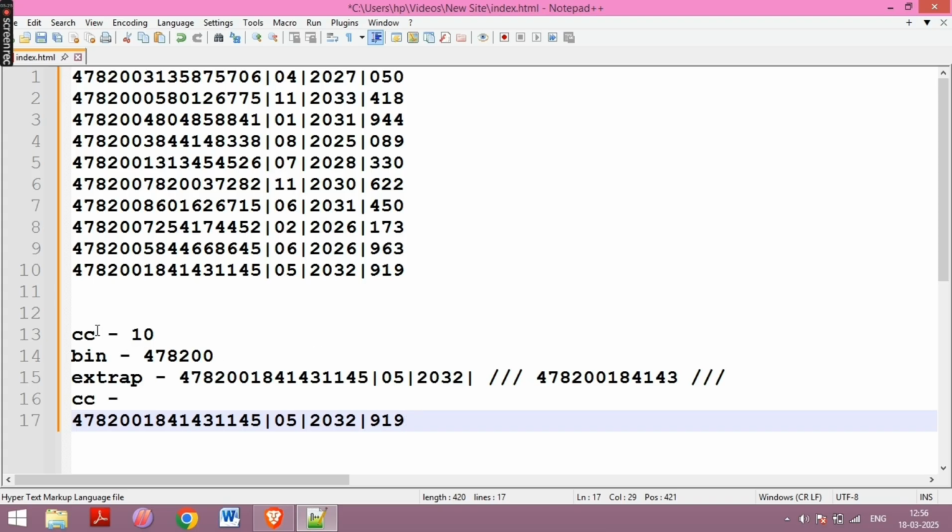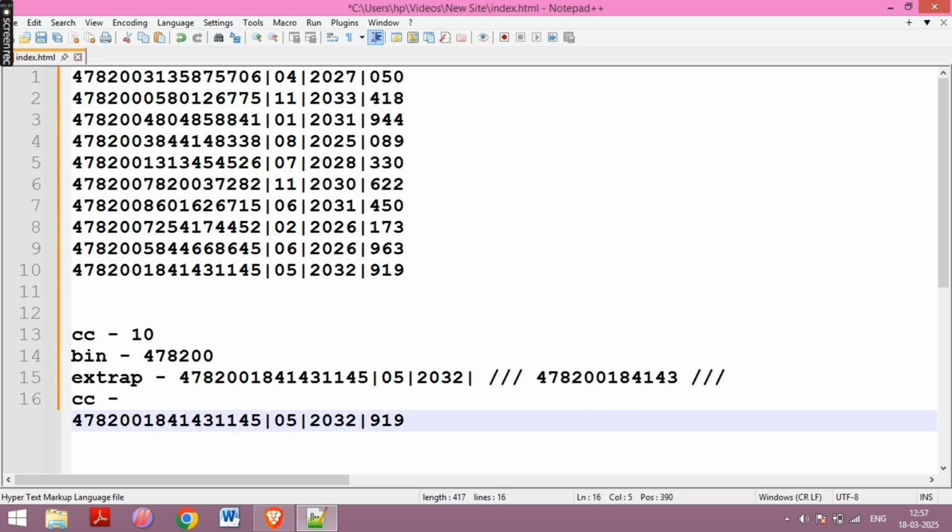So I hope you understood. These are 10 CCs, and in these CCs, what is the bin? The bin is the first 6 digits of any credit or debit card number. So 478200 is the bin of all these ten, and of each one also. What is extrap? Data without CVV, or without month and expiry data. What is CC?